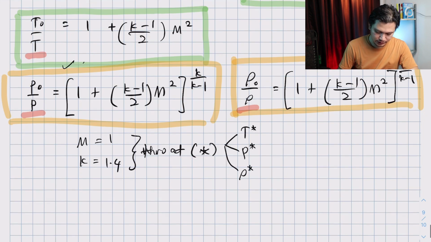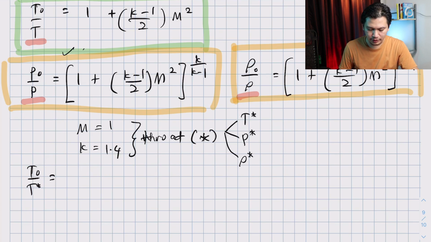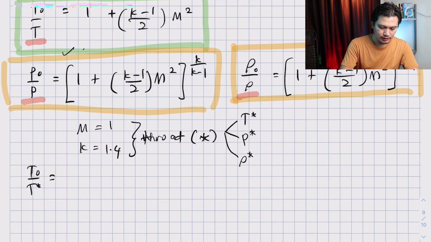And if I put this into the relationship, I will end up with T naught over T asterisk equal to, just put K equal to 1.4 and M equal to 1, you will have (0.4 divided by 2) plus 1.